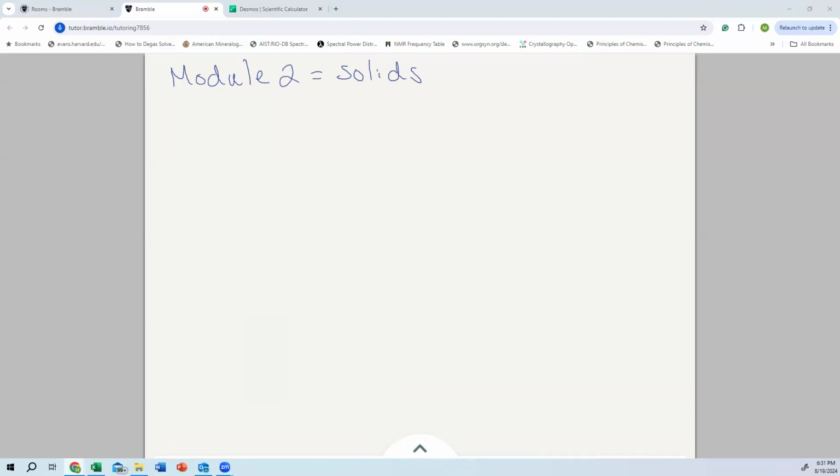So we have a couple of different types of solids. Our type of solids, we can have a metallic solid.